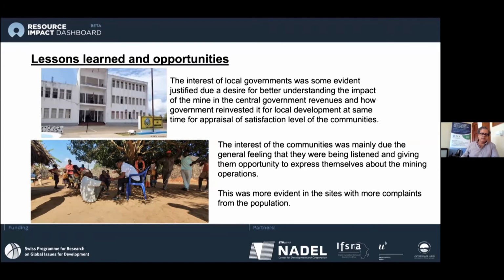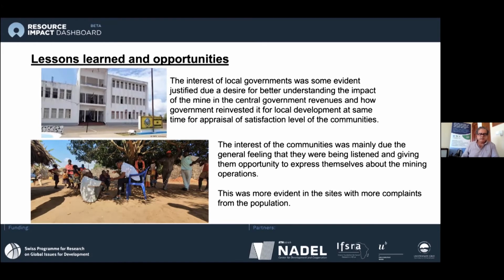Some localities belong already to the adjacent Montepuez district. And when we contacted the Montepuez district government to allow us to proceed with the fieldwork, they got very excited with the RID and immediately asked us if it was possible to do it also in the ruby mining in Montepuez.